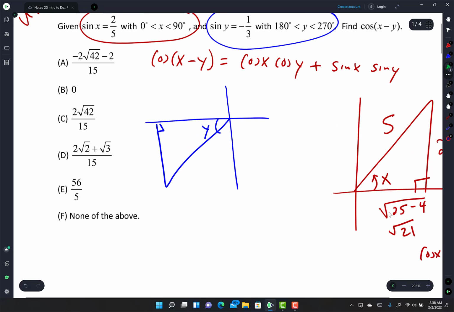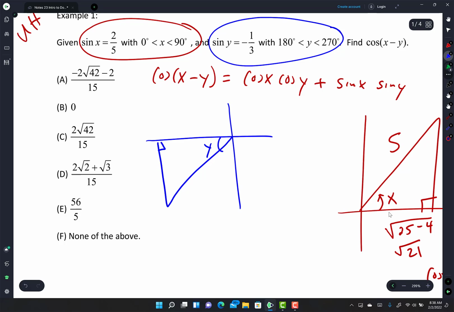So they tell us that sine y is negative 1 over 3. So negative 1 and 3. The hypotenuse is never negative. The hypotenuse acts like a radius. So the hypotenuse is never negative. Are we okay with that? All right. I got my hypotenuse, so that means I'm going to subtract: the square root of 3 squared minus negative 1 squared. 3 squared is 9, and 1 squared is 1, and 9 minus 1.